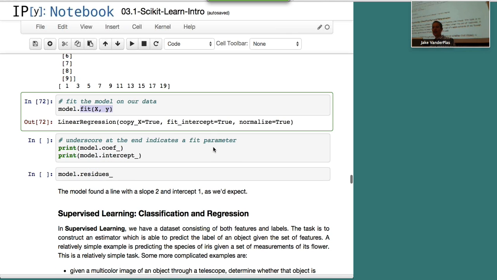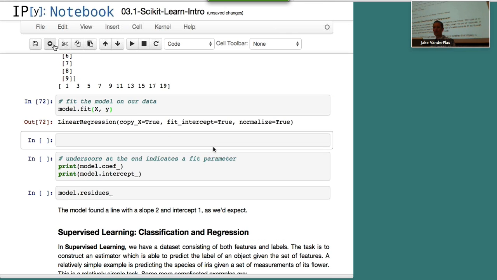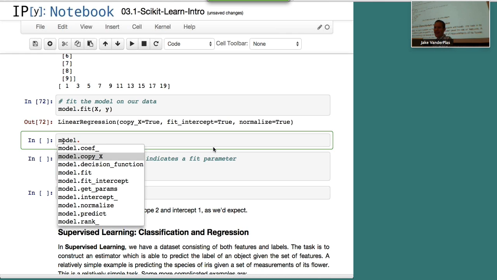If you want to know what parameters were fit by your model, in the IPython notebook, you can do model dot and then tab completion. The standard in Scikit-Learn is that anything with an underscore at the end is something that was fit to the data. So this coefficient is something that was fit to the data. Intercept is something that was fit to the data.